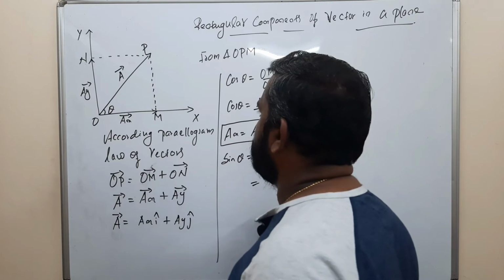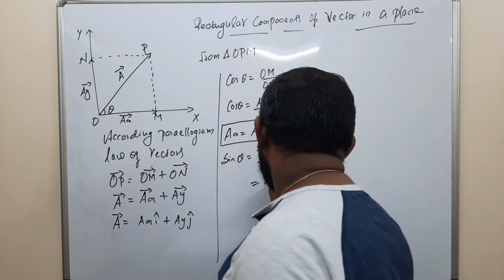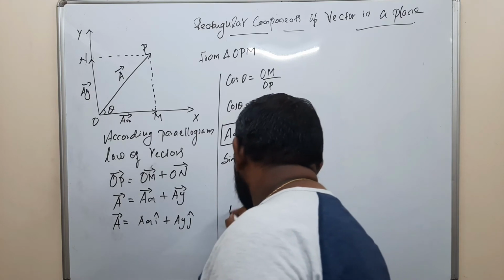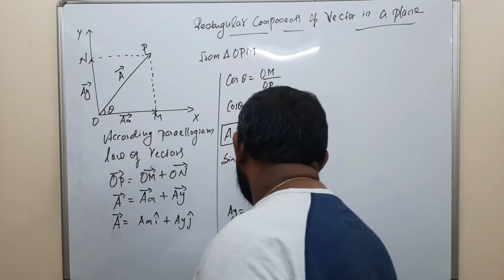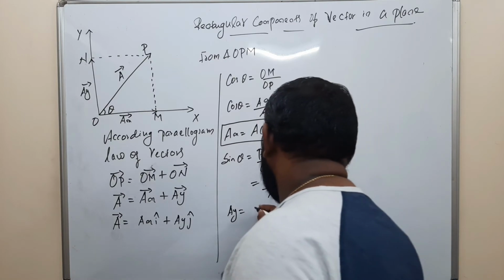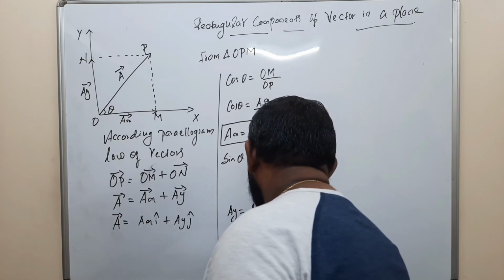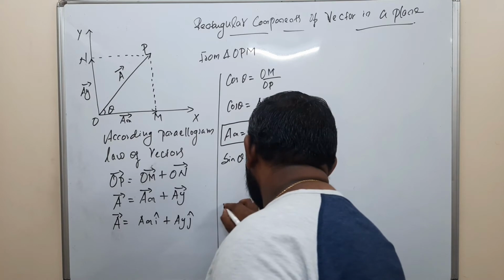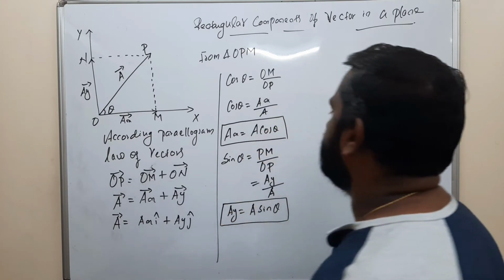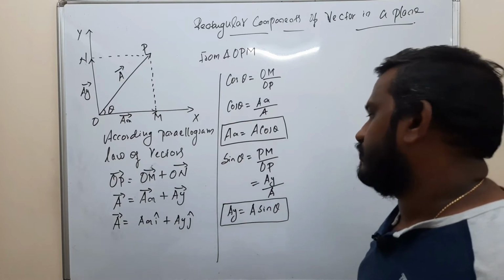So PM, that is Ay, divided by A. So Ay is equal to A sin theta. So this is the vertical component of the vector.